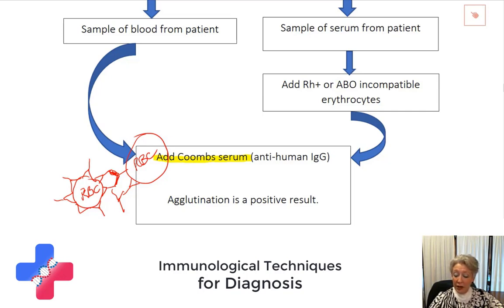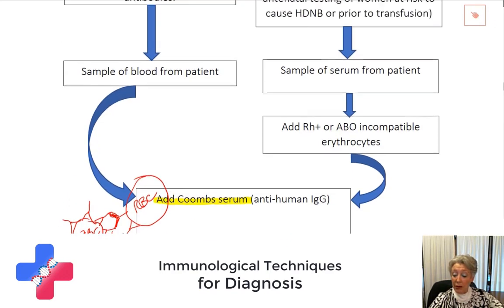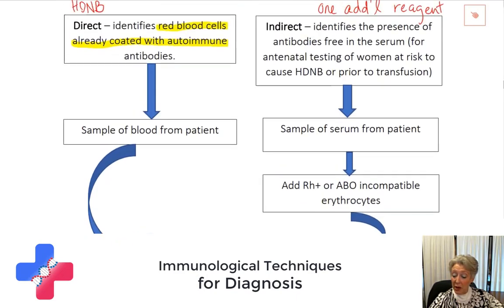Looking at the indirect Coombs test, realize that I'm going to do this in order to look at whether or not the mother is making antibodies against the child.